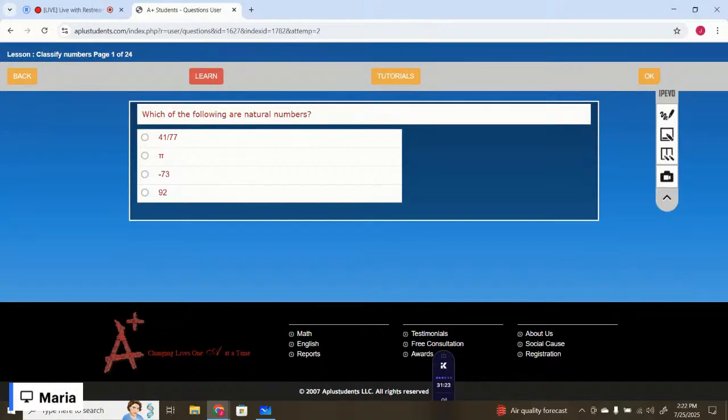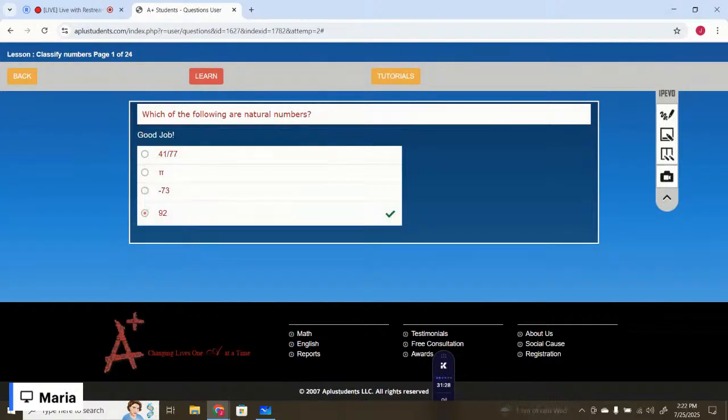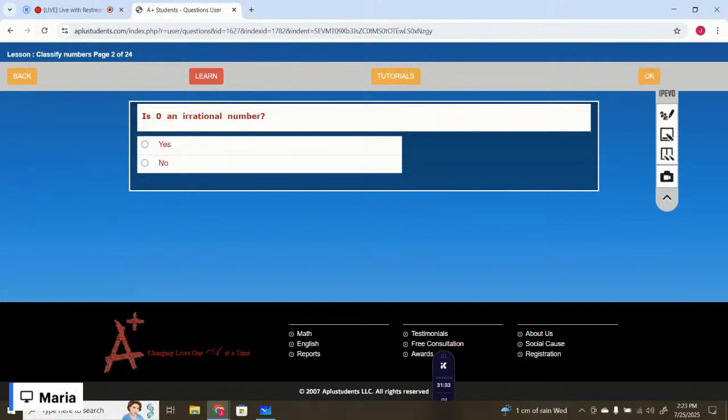Which of the following are natural numbers? 92 is a natural number. Option number 4 is the correct option. Is 0 an irrational number?